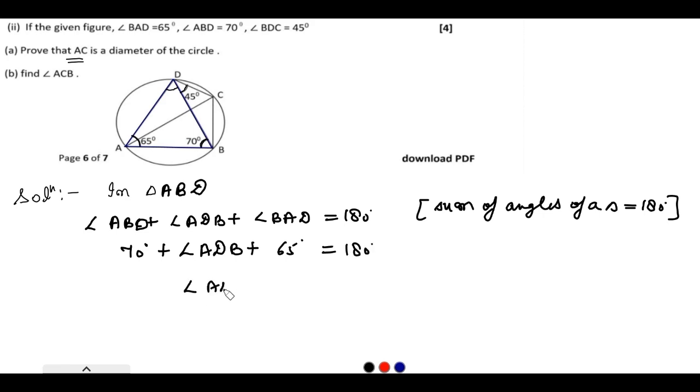So angle ADB will be equal to 45 degree. Now this whole angle will be 45 plus 45, 90 degree, and as soon as it is 90, it means AC is the diameter because the angle in a semicircle is a right angle.